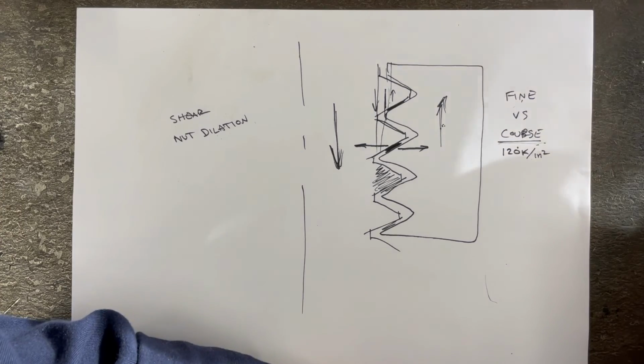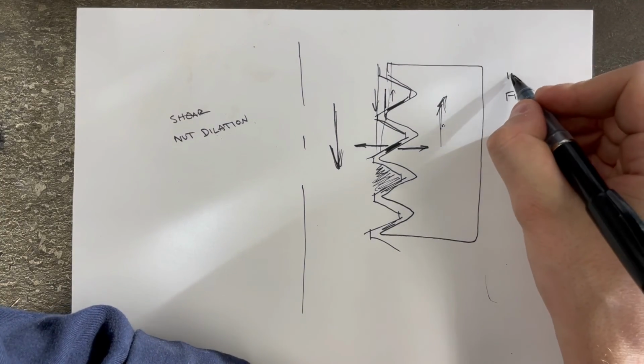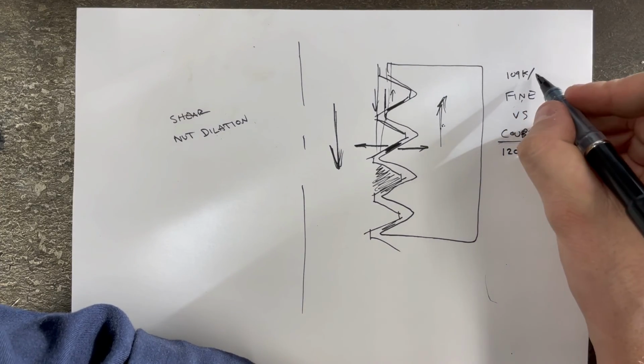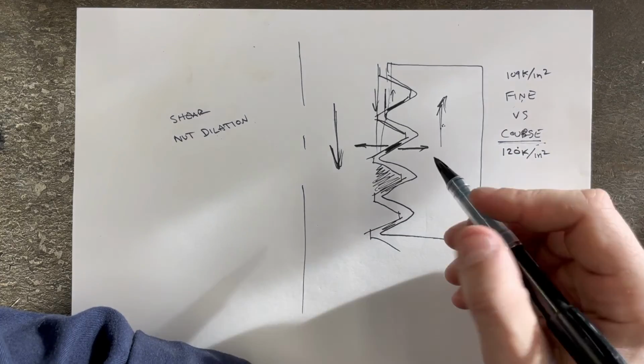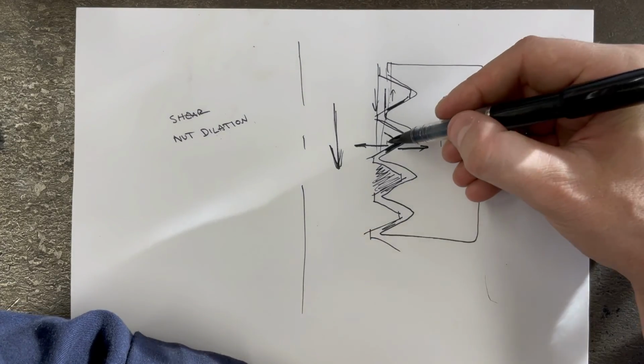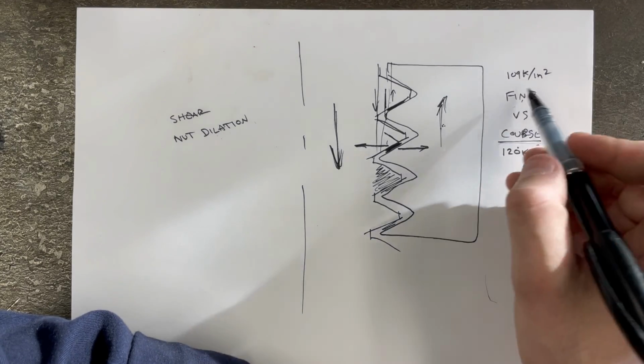The automotive has designated fine threads as being 109,000 pounds per square inch. And really the only reason for that is that when you have smaller teeth, you have less material to resist that shear strength. So you have to kind of reduce it.